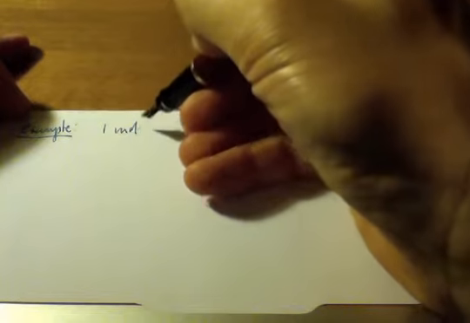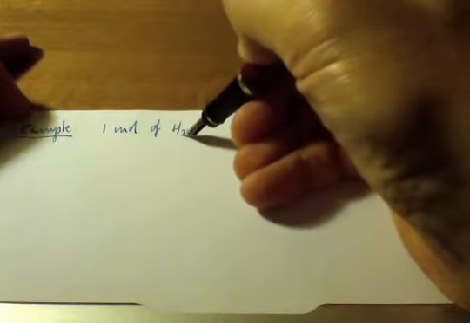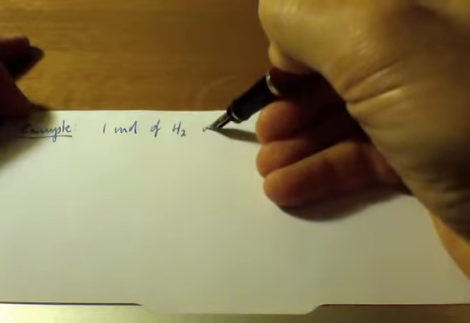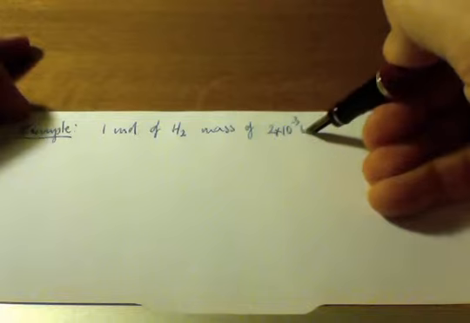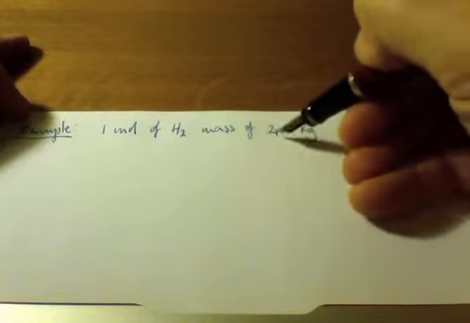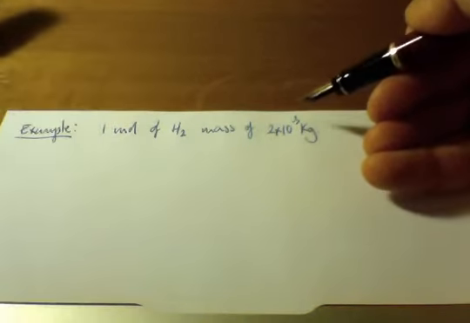Here's the first one. Here's the setup. I'll take 1 mole of hydrogen gas, which has a mass of 2 times 10 to the minus 3 kilograms. In actual fact, that's the molecular mass if I've got 1 mole of it.